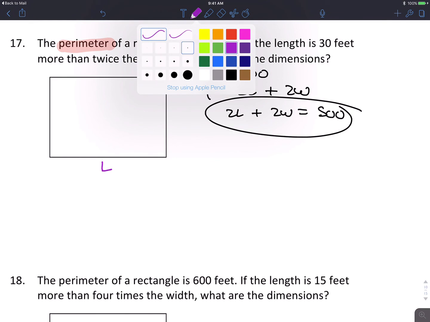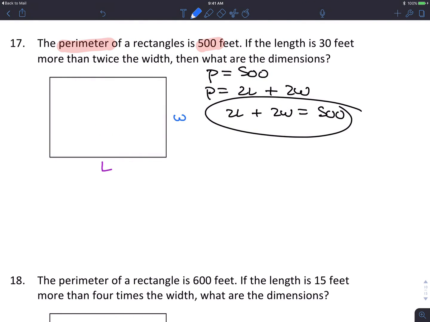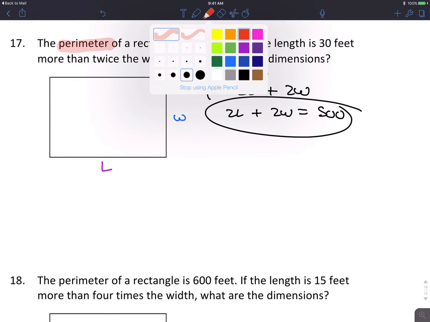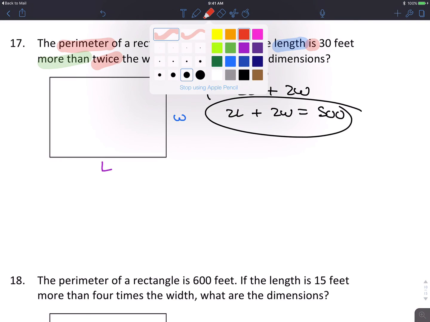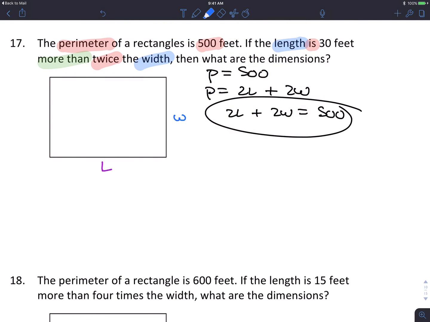Length, width, length is more than twice, that's 2 times, and then W is blue. Oh, we made a mistake. Length is purple.